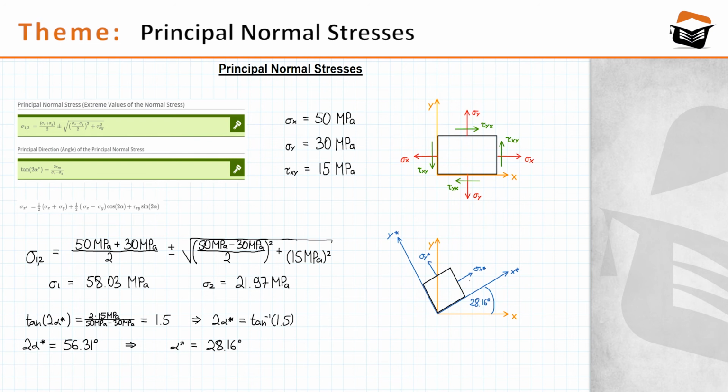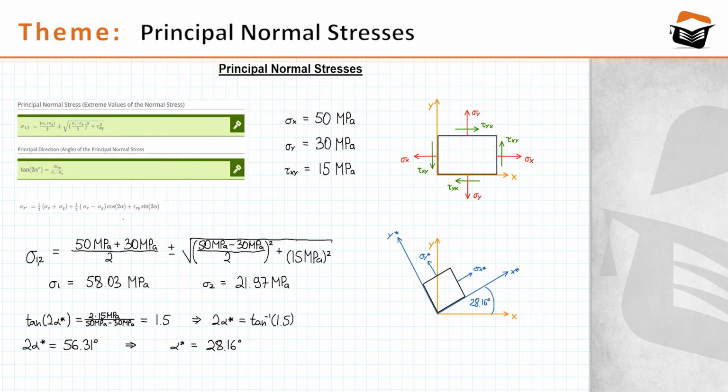So we want to find out whether sigma x star corresponds to sigma 1 or sigma 2. And the easiest way to find this out is simply to grab the values for sigma x, sigma y, and tau xy and plug them into this formula to calculate sigma x star.